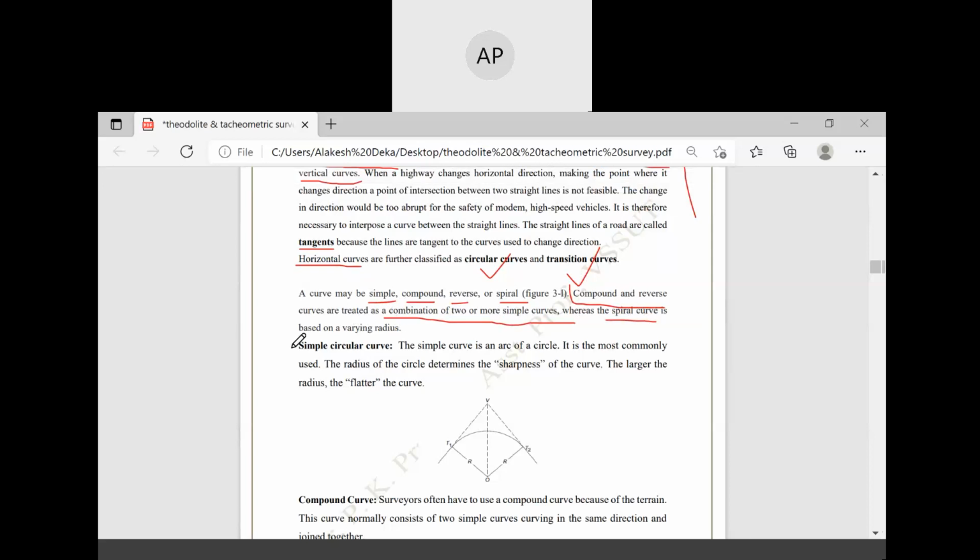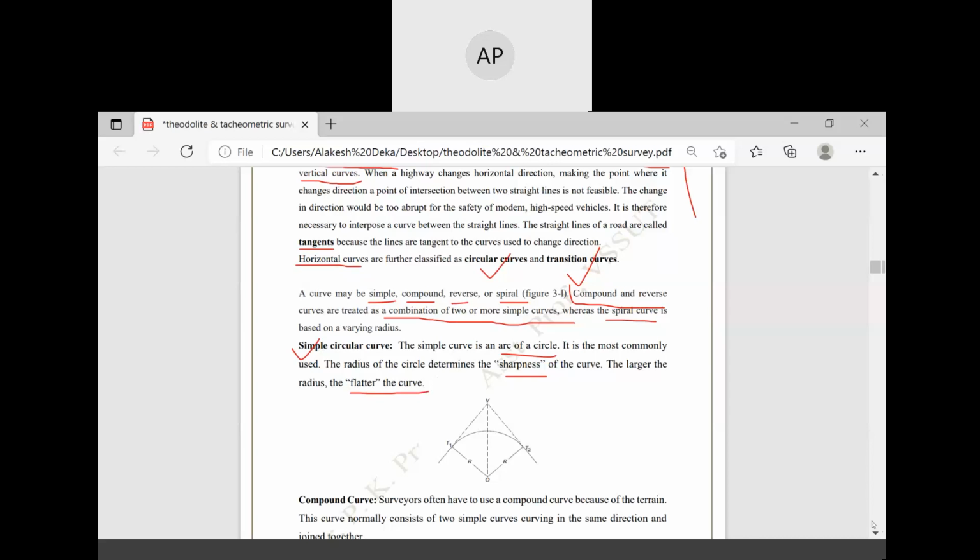A simple circular curve is an arc of a circle and is most commonly used. The radius of the circle determines the sharpness of the curve. The larger the radius, the flatter the curve.